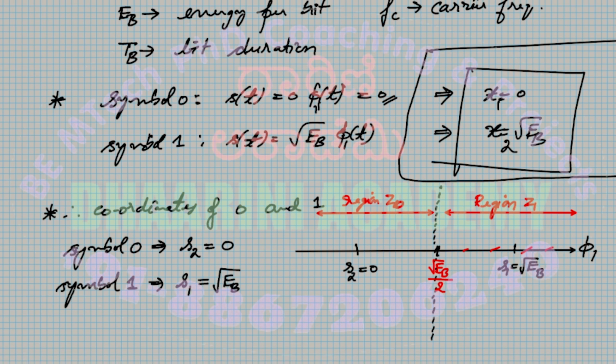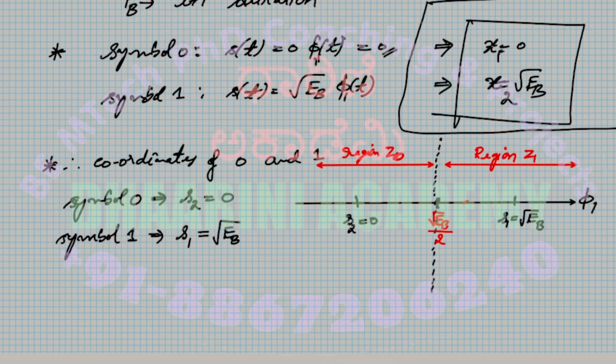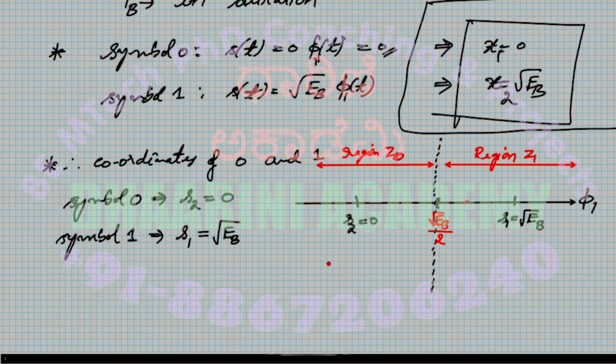Just to analyze this, we write this kind of representation on a graph, by using the basis functions as the axes. If you use only one basis function, it is one-dimensional, so I need only one dimension to represent this on a graph. This graph is called the signal constellation.